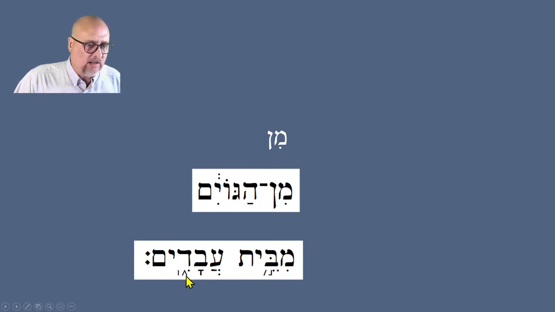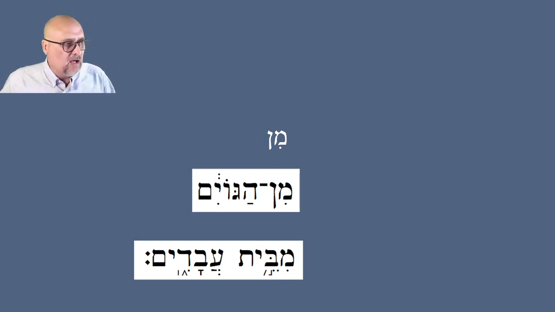avadim. So these little marks, and these actually are musical marks. So if you went to Israel and you heard people chanting this, it's like musical accent. These are actually called cantillation marks. But I can't do that. I mean, I don't know how to do the cantillation marks other than that it's accent.